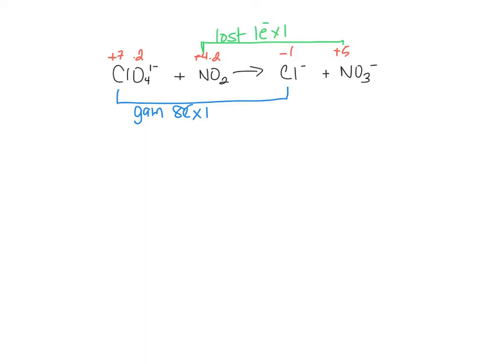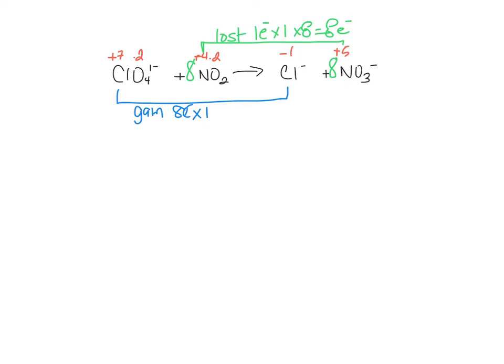Well, this one's kind of easy. What we do is we have to make the number of electrons transferred the same. So we have to make both of them 8. So we're going to multiply this by 8 so that we have 8 electrons. But that means whatever's connected here, the NO2 and the NO3, because we multiplied our electrons by 8, we have to multiply them also by 8 in the balanced chemical equation.